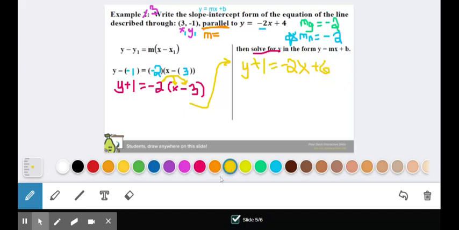Okay, so I'm getting closer, but I'm still not there yet. I still have this +1 hanging out with my y, and I want my y by itself. I want to quarantine it. I want to isolate it. So I'm going to subtract 1 from both sides because I can use inverse operations, but if I do it to one side, I have to do it to the other.